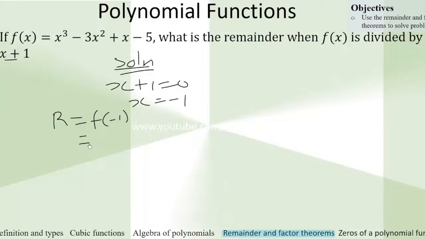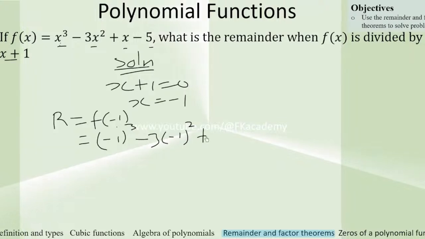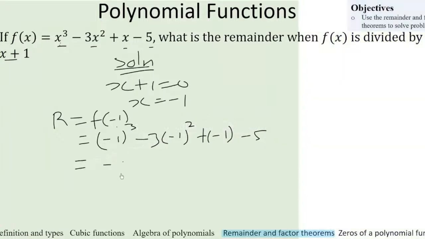So we know that f of x equals x cubed minus 3x squared plus x minus 5. So if we put in the value -1 wherever we see x, you get -1 cubed minus 3 times -1 squared plus -1 minus 5. -1 cubed is -1.